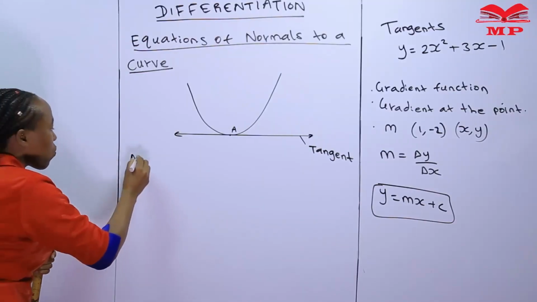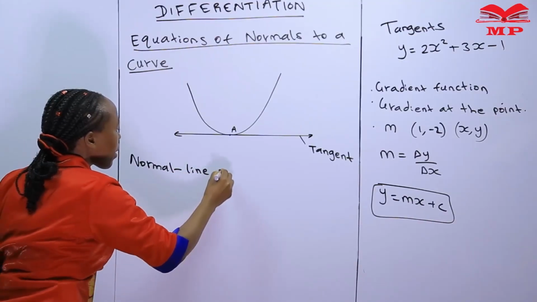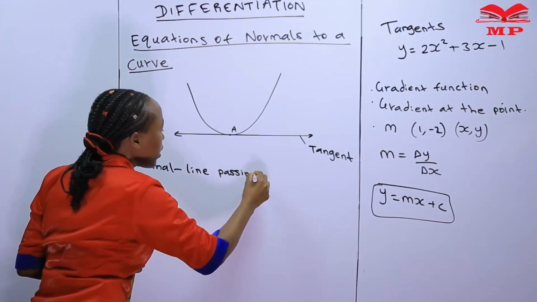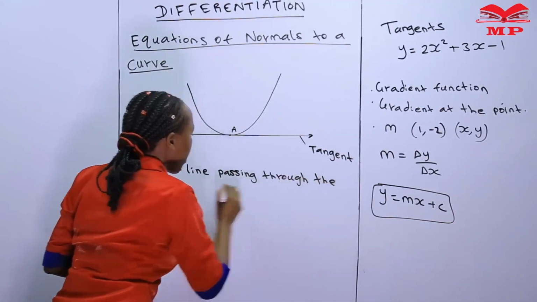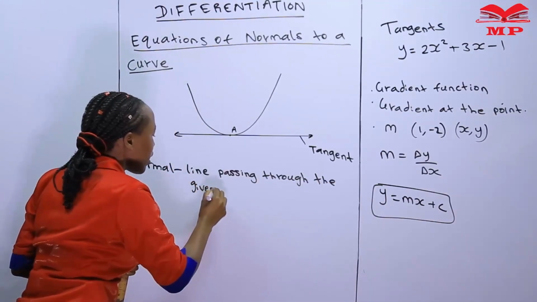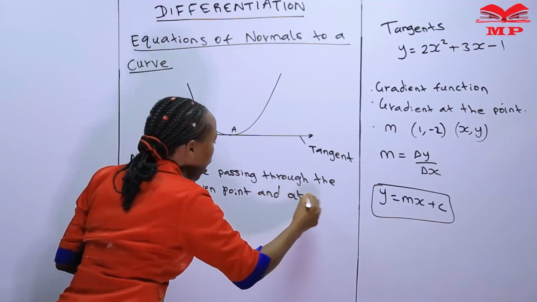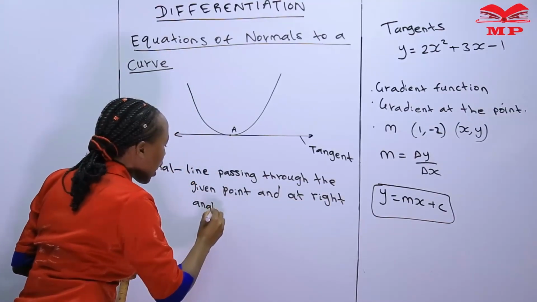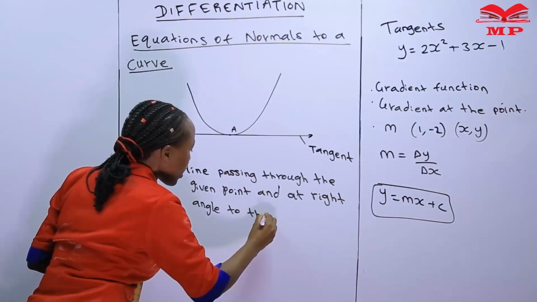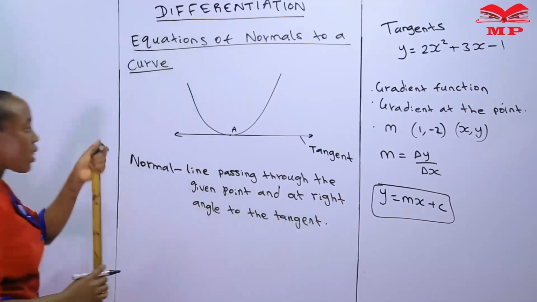So when we talk of a normal, again, it is a line passing through the given point, and at right angle, or perpendicular, to the tangent.